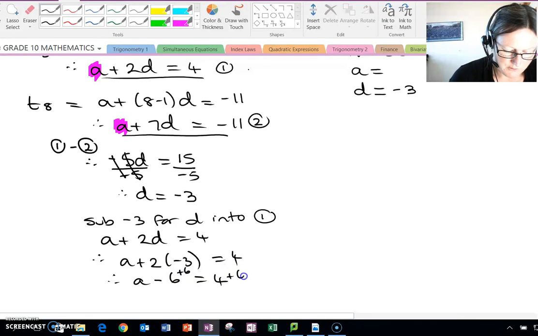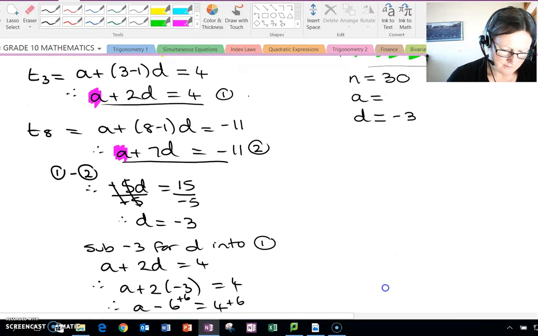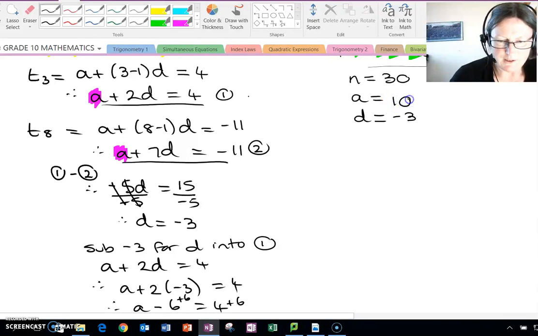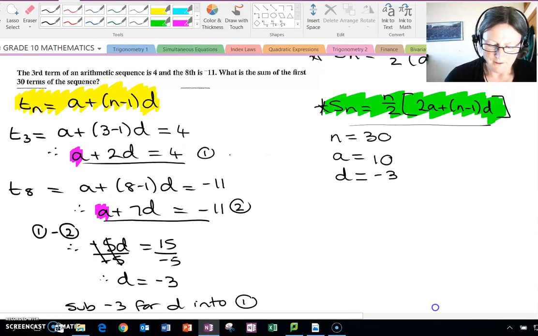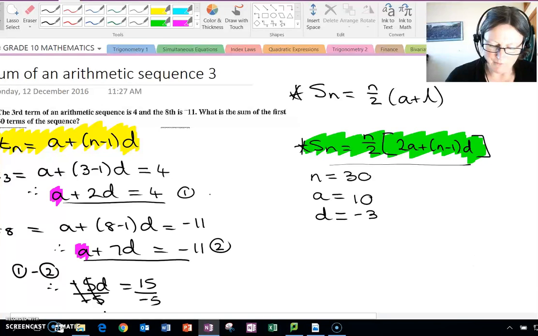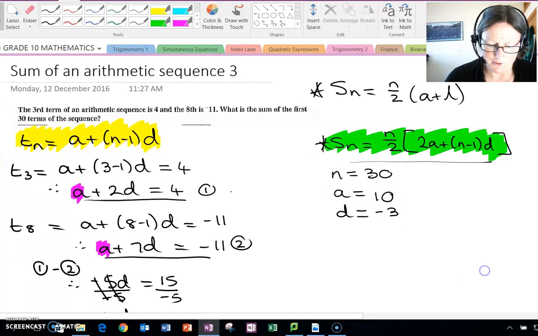Add 6 to both sides, therefore A is equal to 10. Now, I've got enough information here to help me find the sum of the first 30 terms.